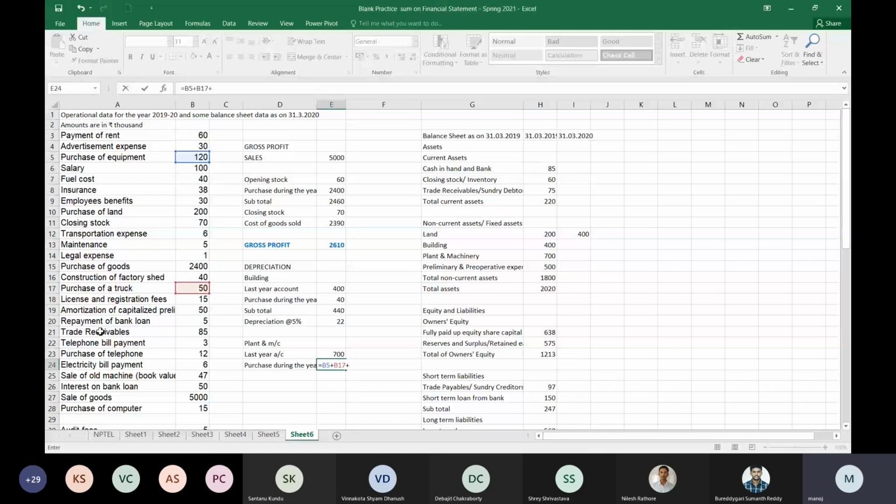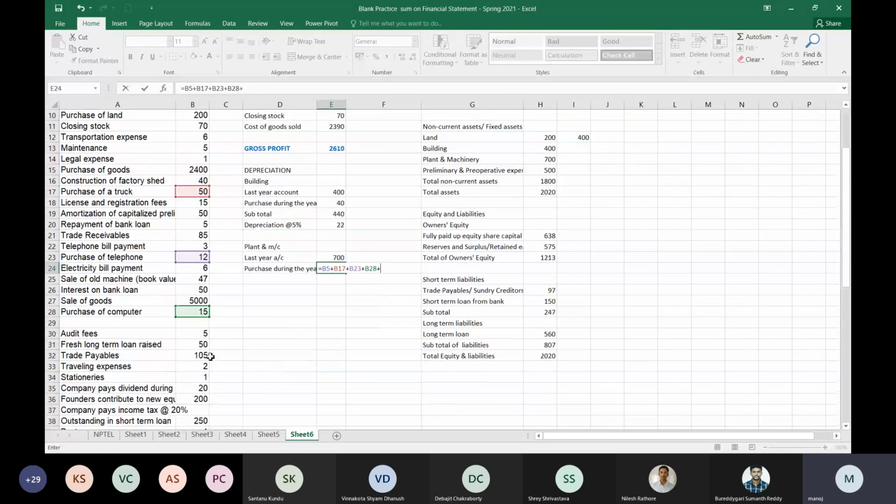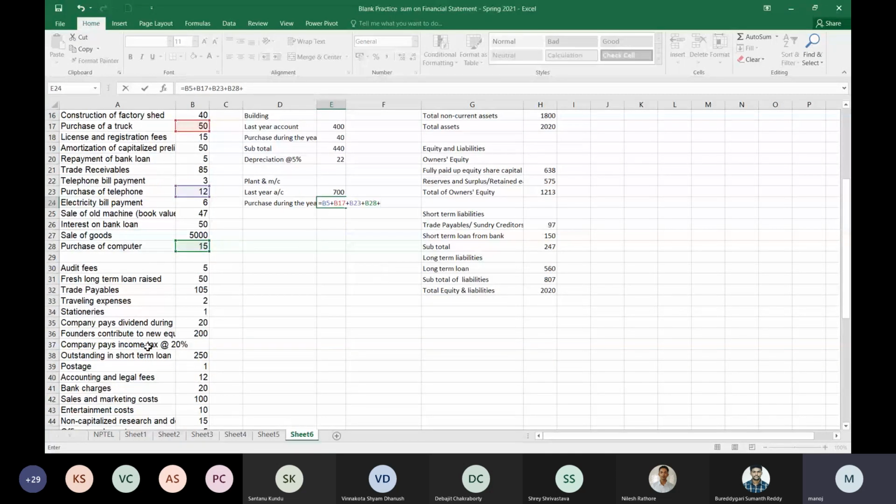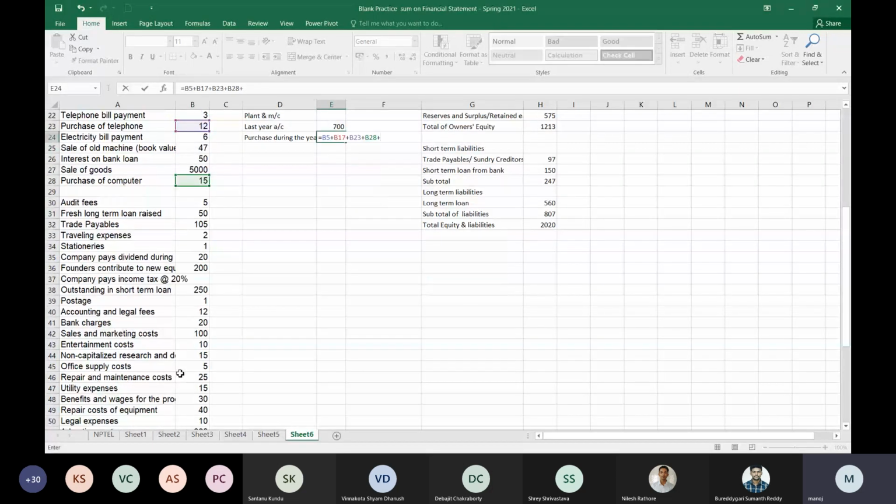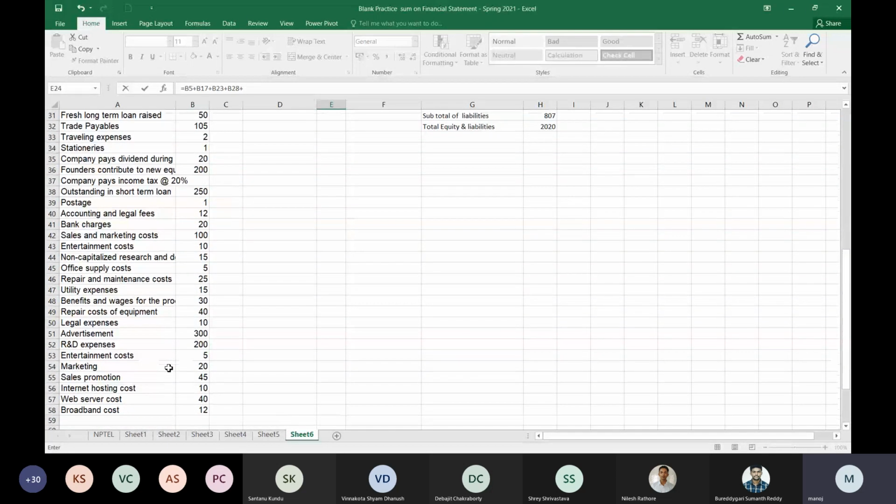Then license, amortization, repayment of bank loan, trade, telephone bill, purchase of telephone. This is another one. Plus electricity bill, sale of machine, interest on bank loan, sale of goods, purchase of computer. This is another one. Plus audit fee, fresh loan, trade payable, traveling, stationery, company pays dividend, founder's contribution, company pays income tax, house tax, nothing is there, I believe. So this is perhaps the end of it.